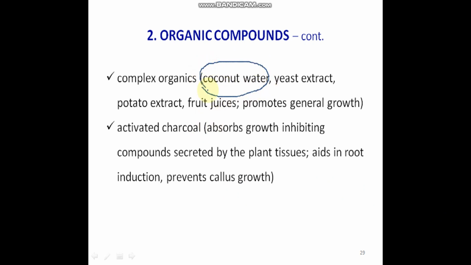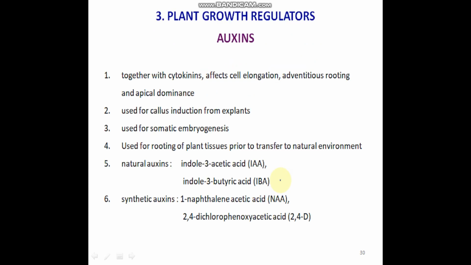Coconut water, they figured, contains auxin, so that's why they put coconut water in the media. Some people also put activated charcoal to aid in root induction and prevent callus growth.